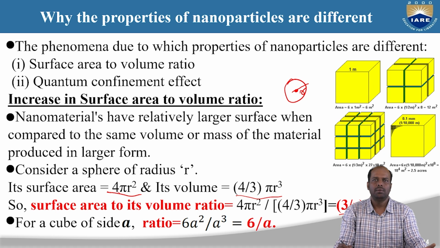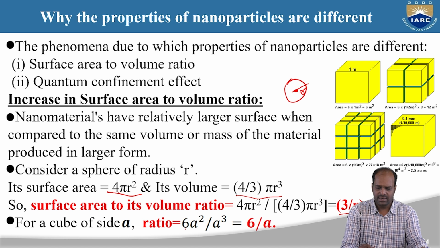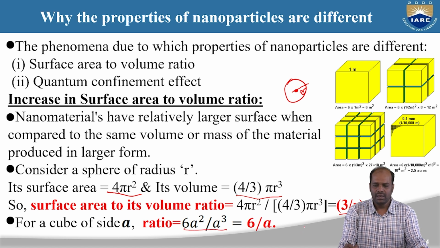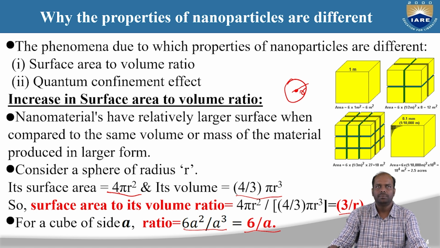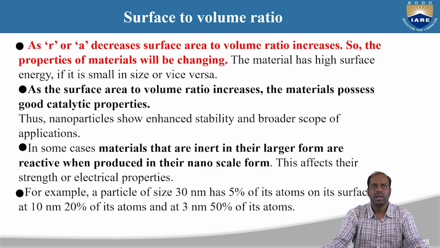The surface area to volume ratio formula is 3 by r. For a cube with side a, the ratio is 6a square by a cube, that is nothing but 6 by a, where a is the cube side. Now, as the radius r or a decreases, the surface area to volume ratio increases.